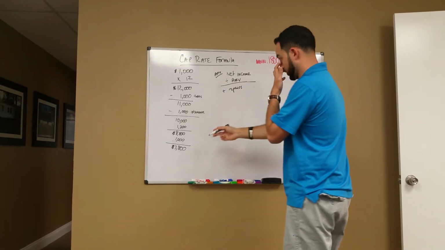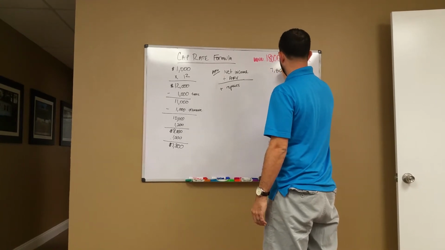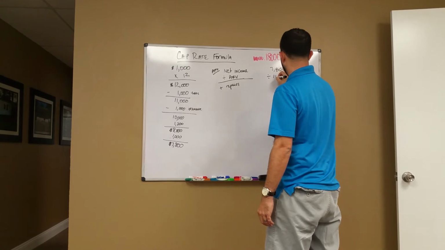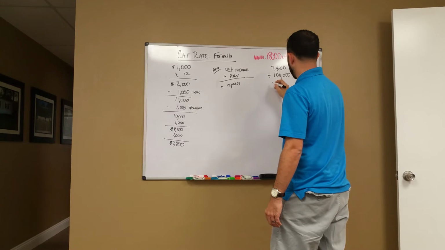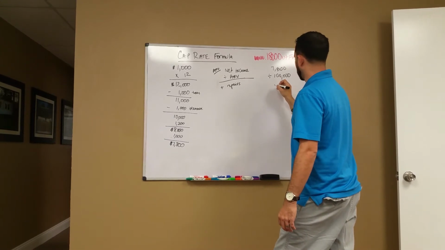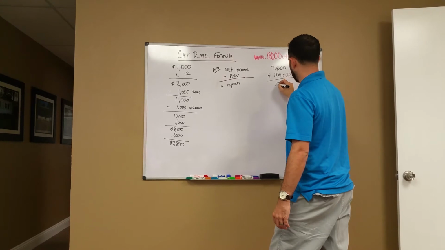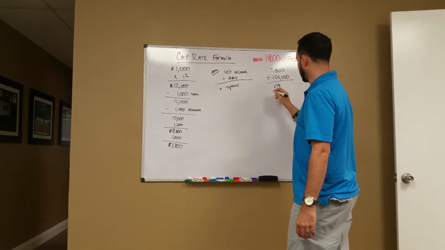So in this example, we're going to have the net income of $7,800 divided by the ARV. Let's call it a $100,000 house. That's going to be 0.078, right? So we're almost at an 8% cap rate.